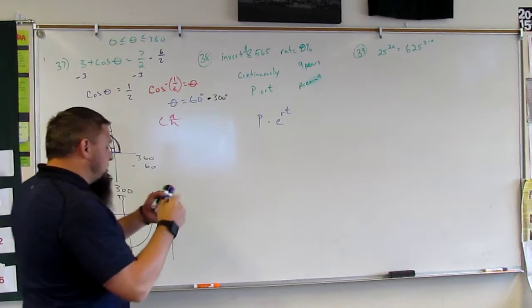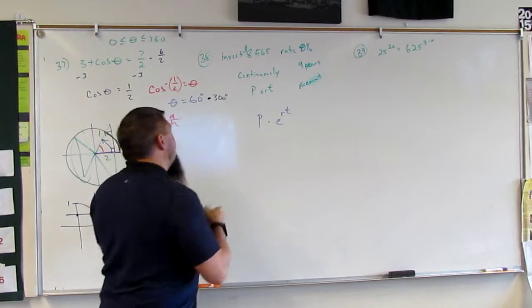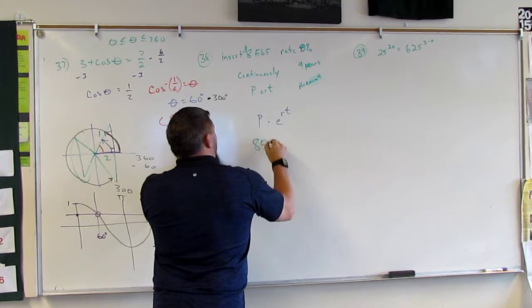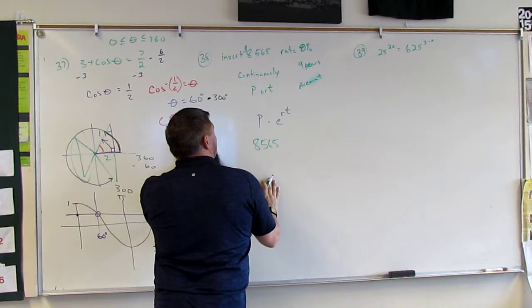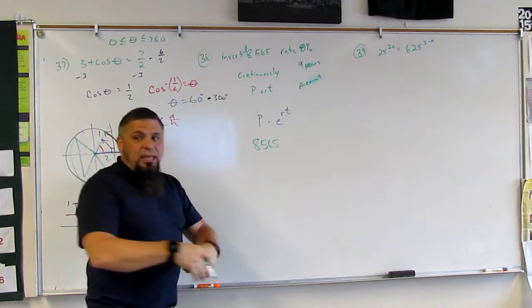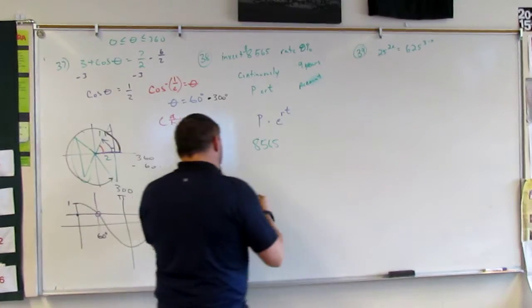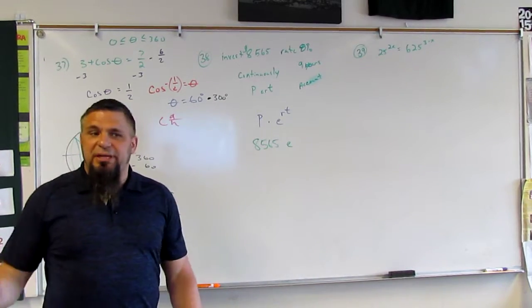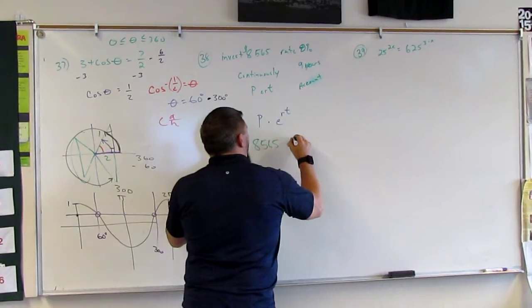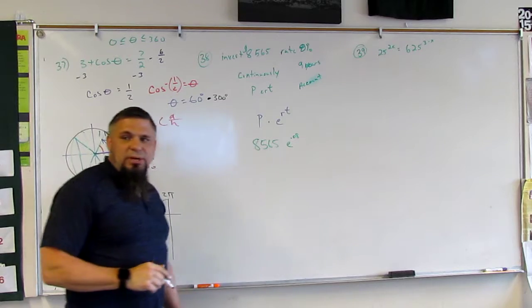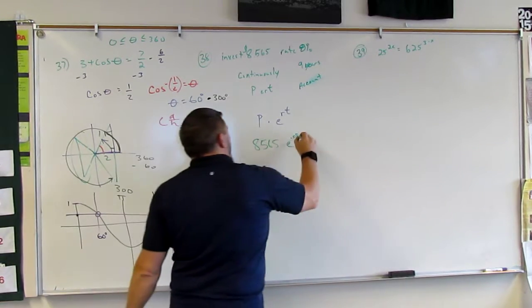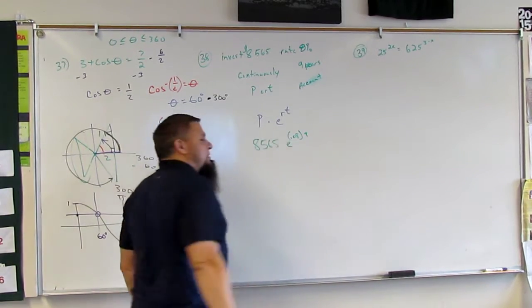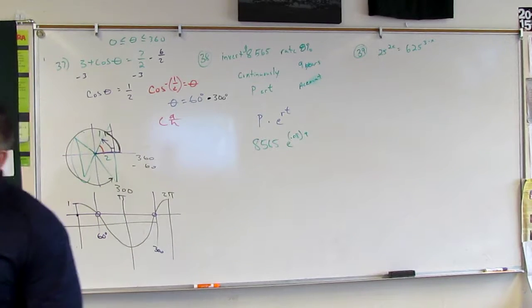And so the principal was 8,565. E, well, that's just E. And then the rate was 8%. We're going to change that to 0.08, and then that's times the time, which is 9 years.